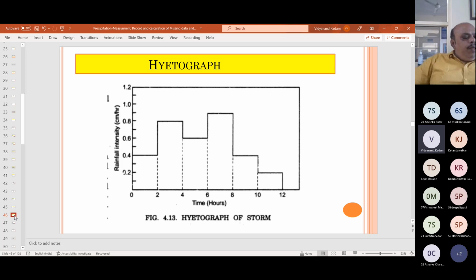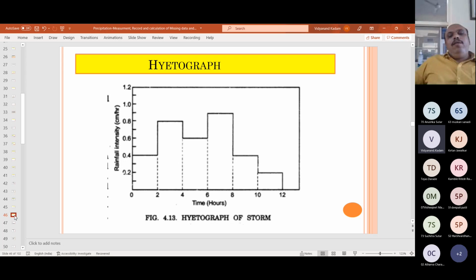Now on the screen, one more graph is shown, and that graph is known as a hyetograph. What is a hyetograph? A hyetograph is a graph plotted between intensity of rainfall and time. This hyetograph is prepared for one storm, and the duration of the storm is 12 hours.